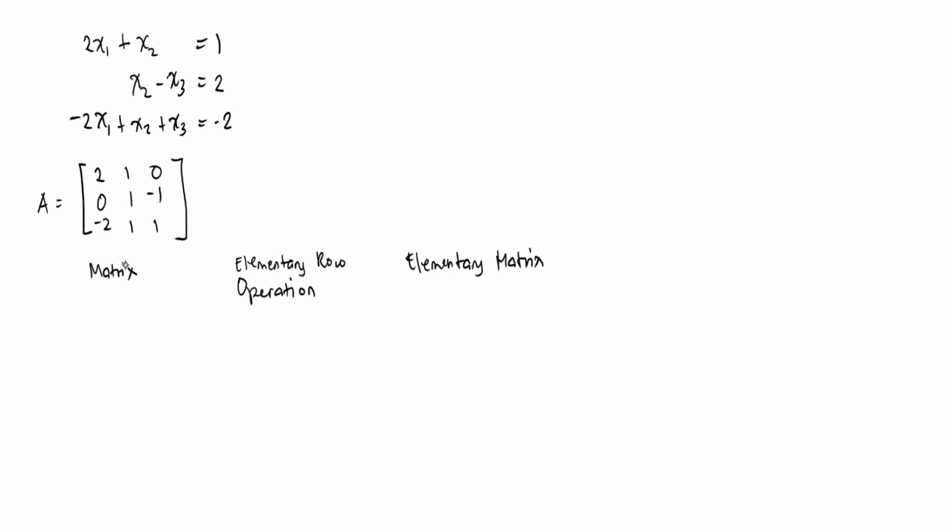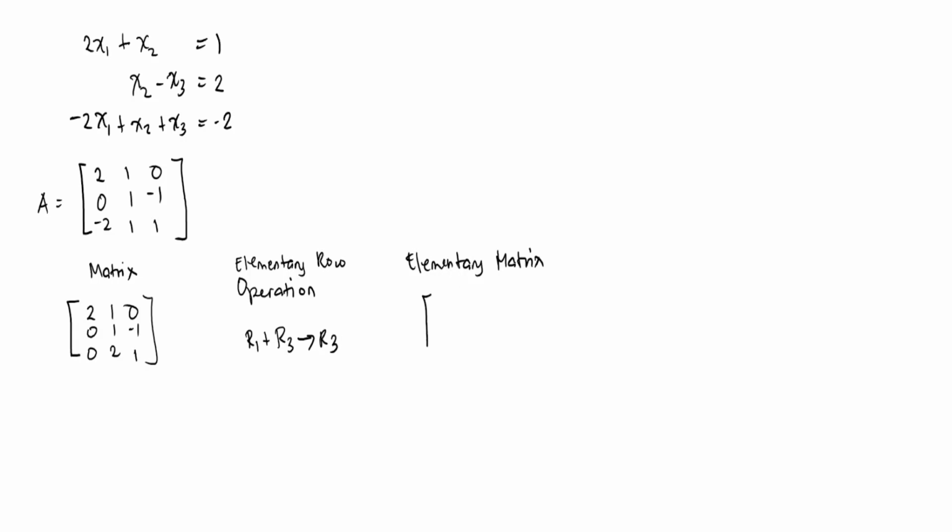Okay, so to make this an upper triangular matrix, we want the entries below the main diagonal to be 0. So let us start here. To make this 0, we will add rows 1 and 3, to get 0, 2, and then positive 1. Again, what we did is add rows 1 and 3 to get the new row 3.